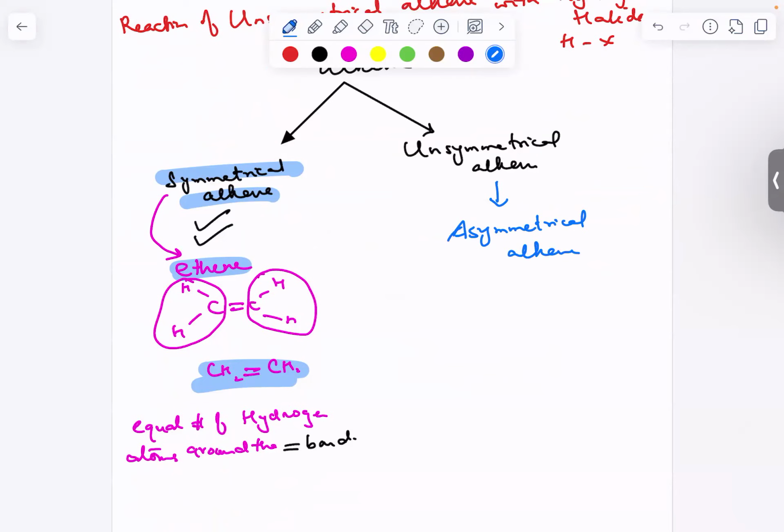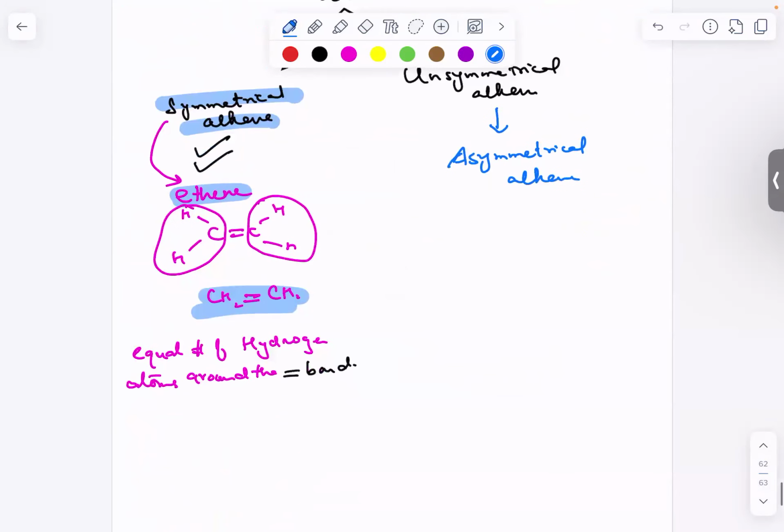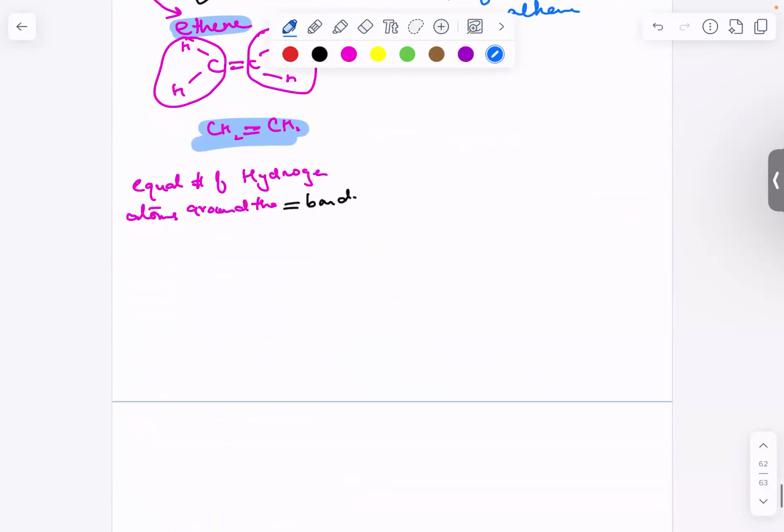Any question from the previous lecture, Zena? No. All right, good. Now for unsymmetrical alkene, I'll give you the example of, let's suppose, butene, or propene, start with the simplest one. This is propene. I hope we have done so much nomenclature that you know how to make the propene directly. Three carbon atoms, so it's propene, and there must be a double bond.